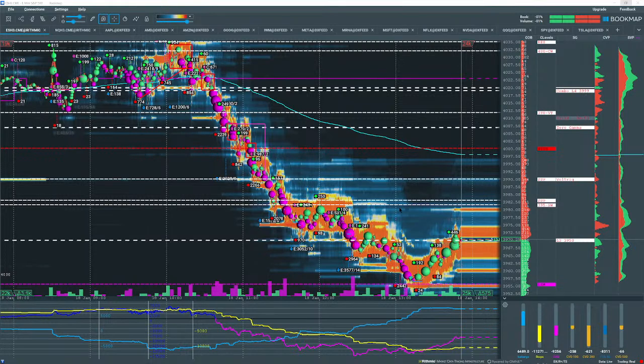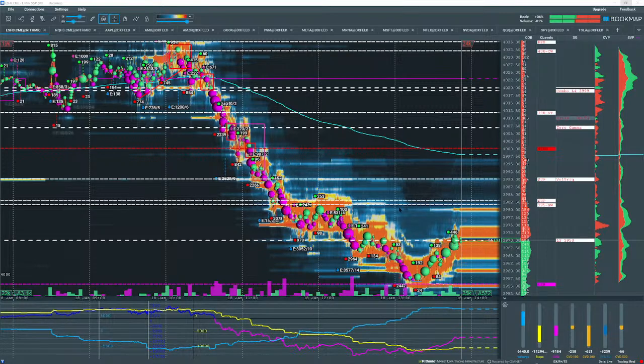And then the SPX and SPY put walls both moved up, SPX from 3,800 to 3,900, and SPY a pretty big jump from 380 to 395. And then also the SPX call wall jumped up from 4,000 to 4,050. And then finally the QQQ volatility trigger also moved up, put wall moved down, and the call wall moved up.